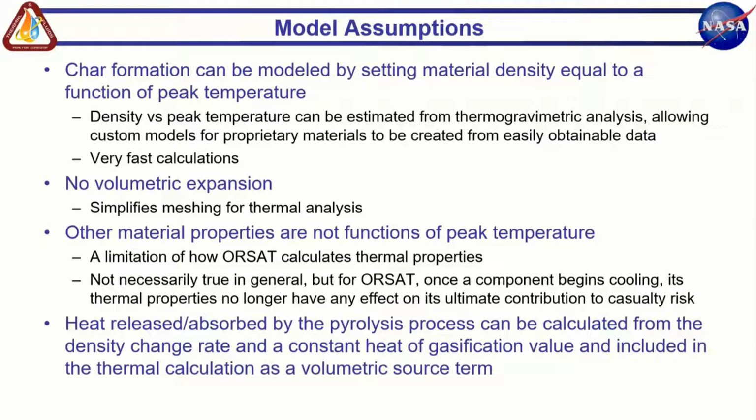So basically, we just take the thermogravimetric analysis of the mass loss at specific temperatures and translate that into a density versus peak temperature for the material. This allows us to generate custom models for any kind of proprietary CFRP or any kind of FRP material that the spacecraft may be using. And it also allows very fast calculations, which are important for ORSAT.